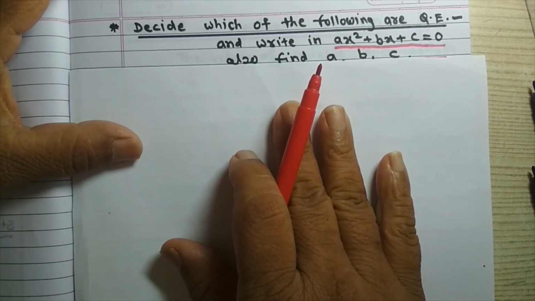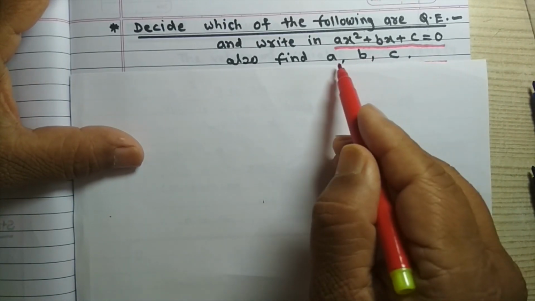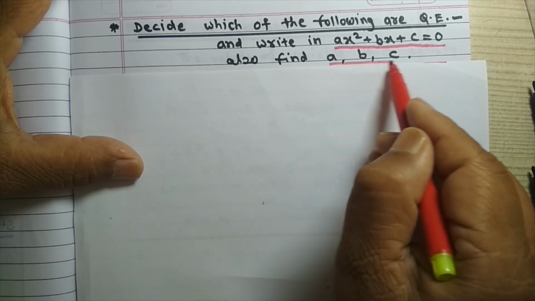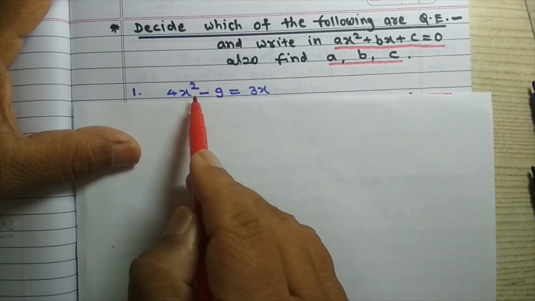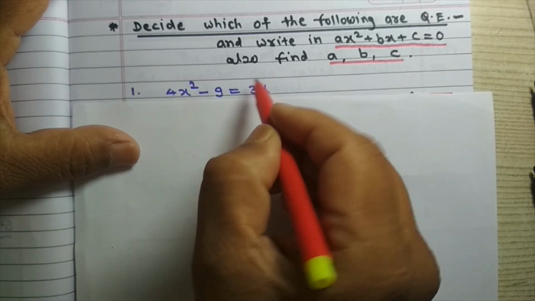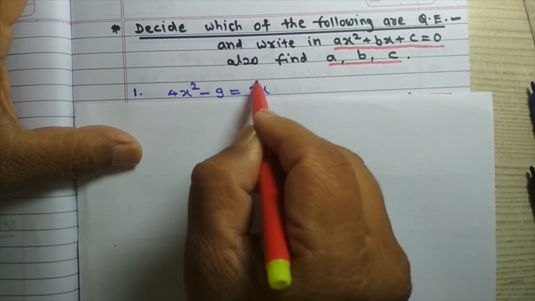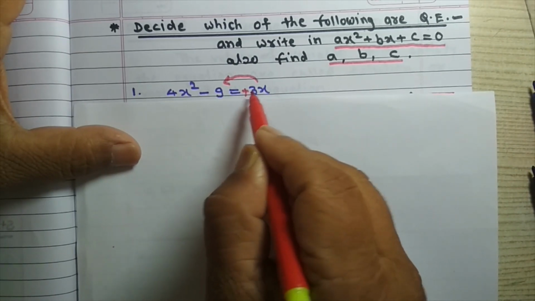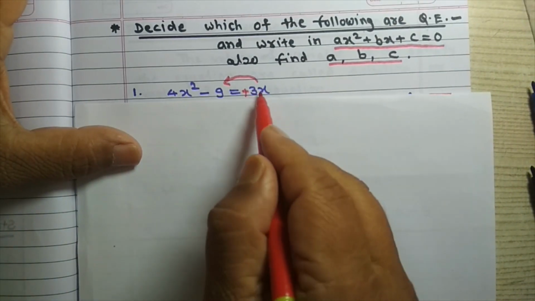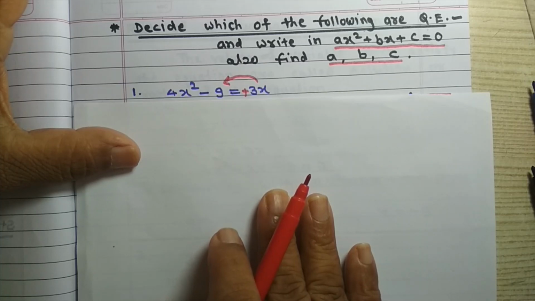We also have to find the values of a, b and c. First example, 4x square minus 9 is equal to 3x. In this case we have to take 3x to the left side of the equality, the sign becomes minus, and we write it in the middle place.